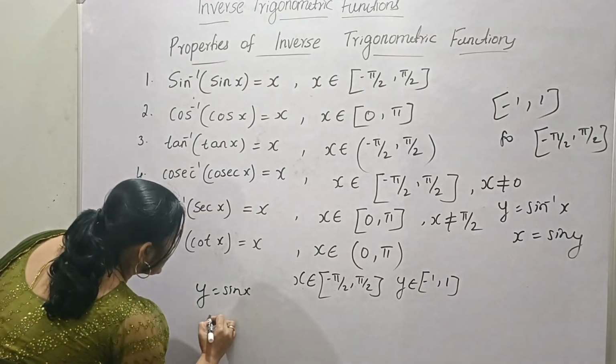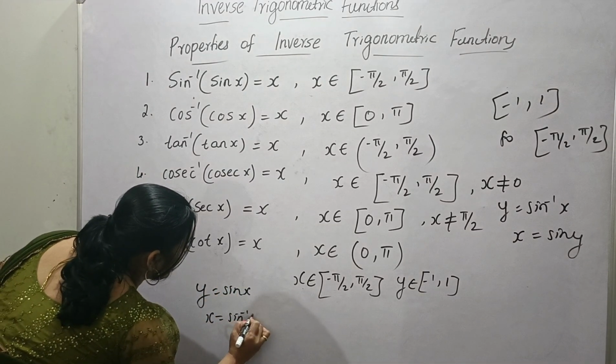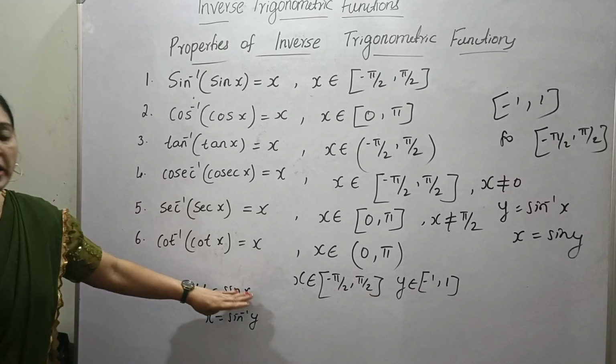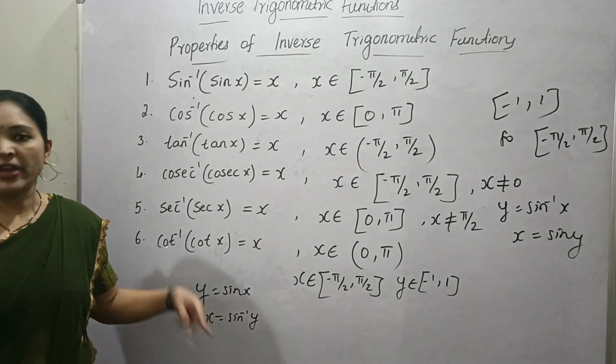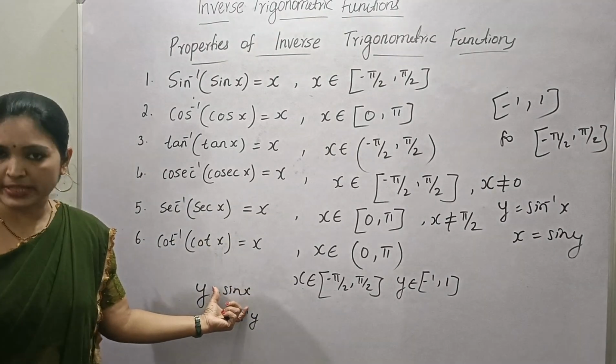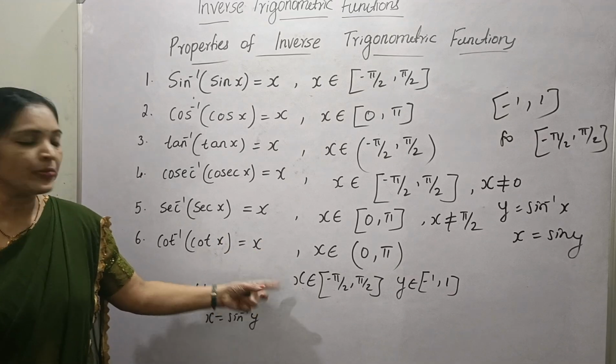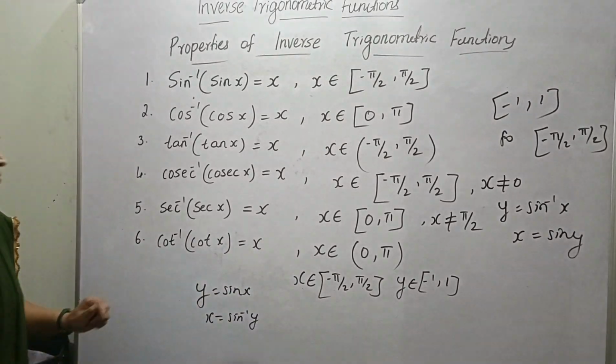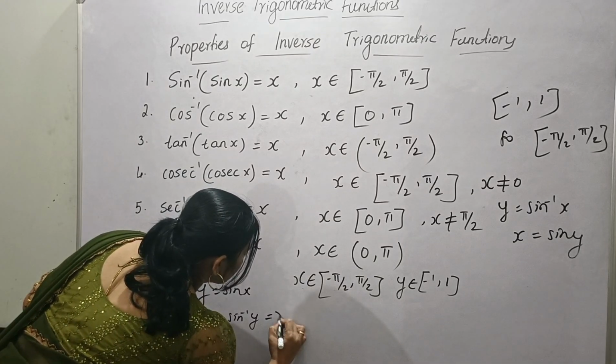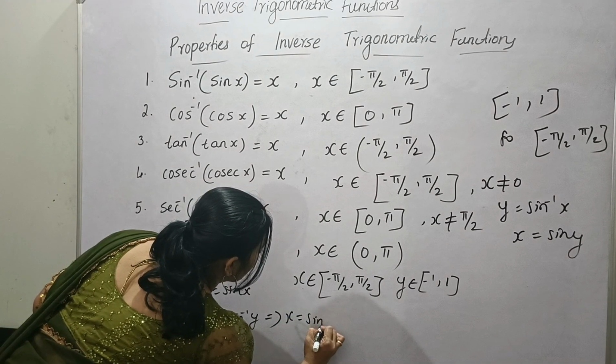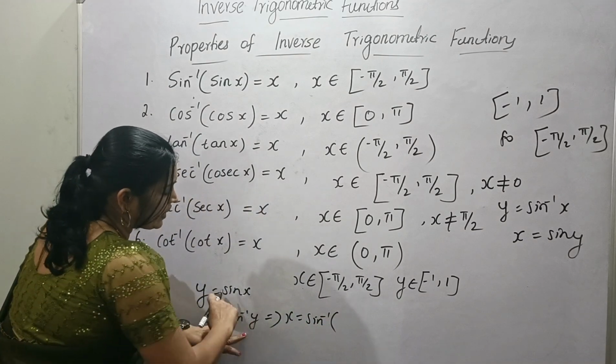Therefore, here we can write x is equal to sine inverse y. Since this sine function is invertible, therefore we write x is equal to sine inverse y. That implies x is equal to sine inverse of y, which is nothing but sine x.